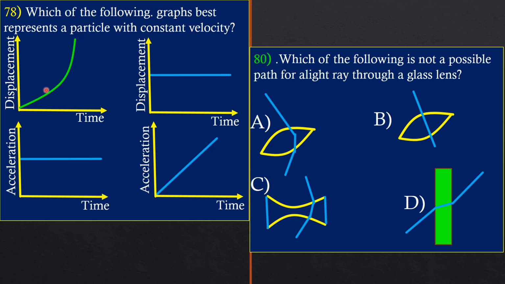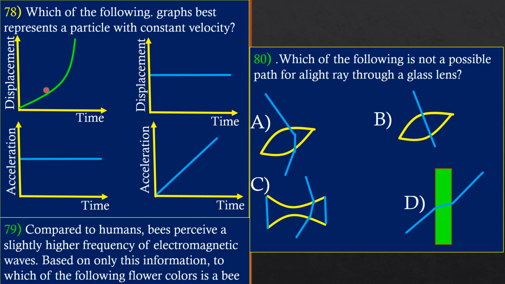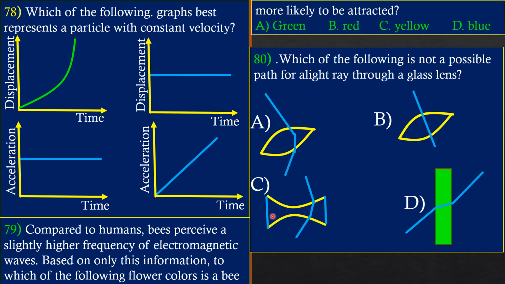Now, guys, let's look at question 79. It's saying that compared to humans, bees perceive a slightly higher frequency of electromagnetic waves. Based on only this information, to which of the following flower colors is a bee most likely to be attracted?